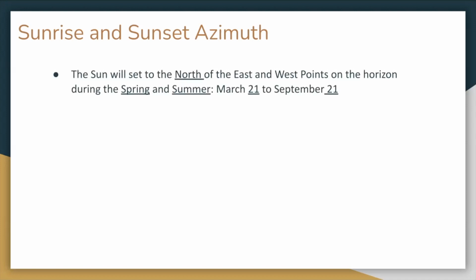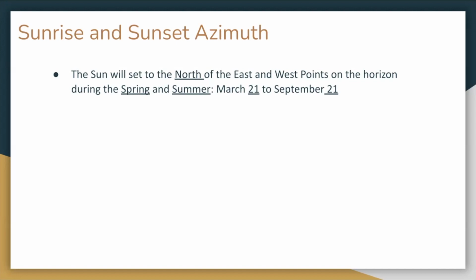Now, things to remember: the sun's position where it rises and sets shifts slightly over the course of the year. The sun is always going to set north of the east and west points on the horizon during the spring and summer, so approximately March 21st to September 21st.